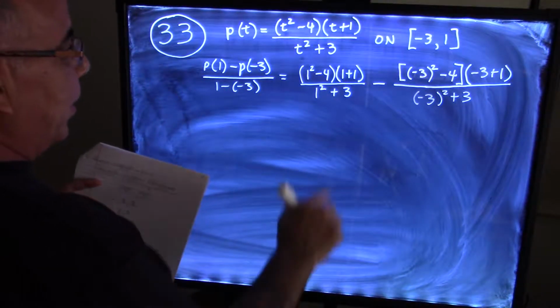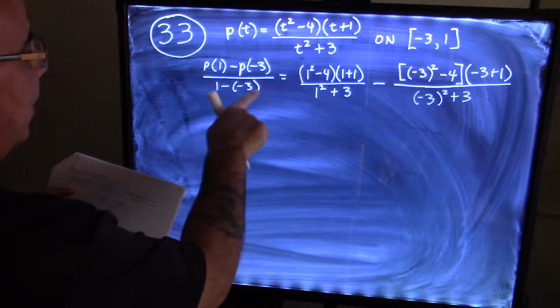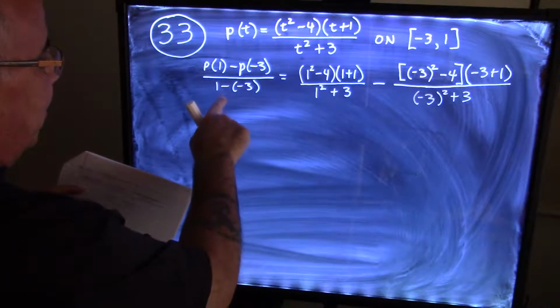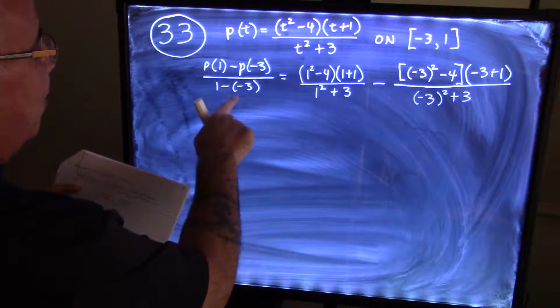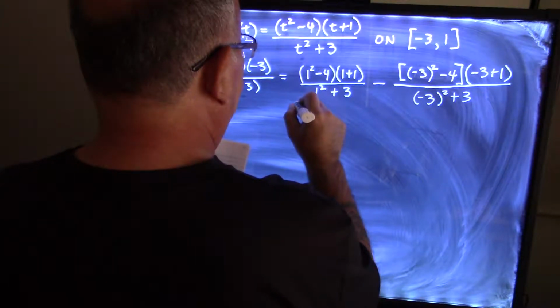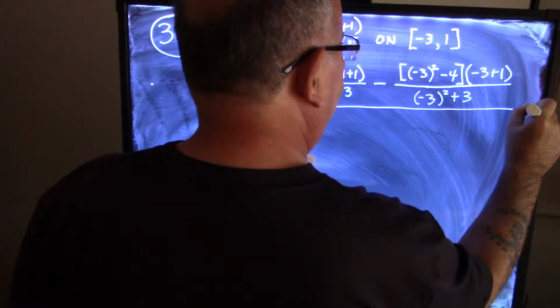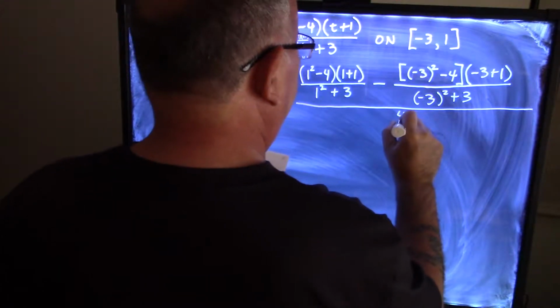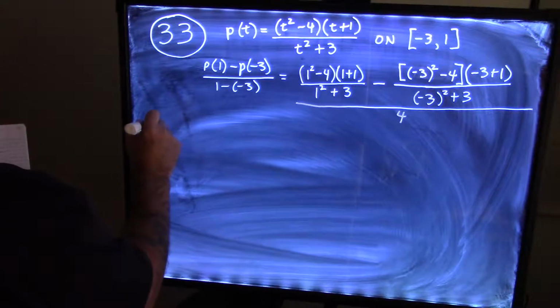Now we're not done yet because we still have the denominator of this average rate of change to worry about. So 1 minus a -3 is 1 plus 3, which equals 4. So I put all of this over a 4. Like that. Alright, move over here to get some room.